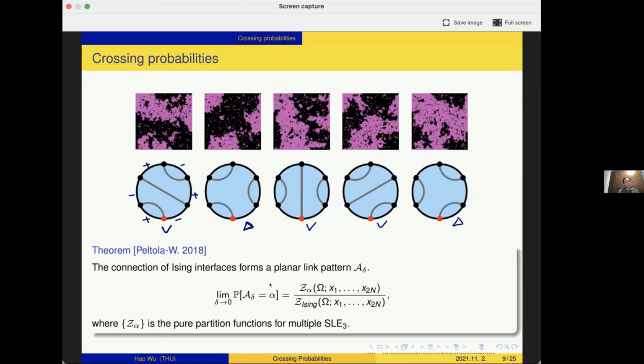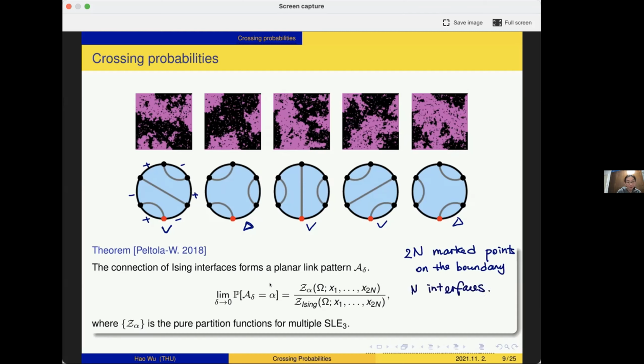Okay, so now let us go to the answer to this question. The answer is the following. If we are thinking about critical Ising interfaces in a general polygon with 2n marked points, then we know that there are going to be n interfaces.